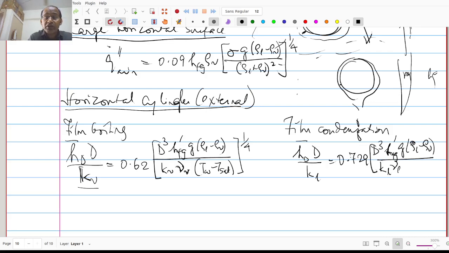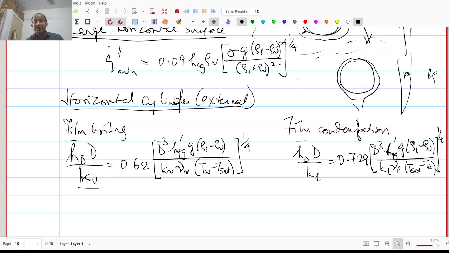So instead of V, it's L here, and multiplied by (T_sat minus T_wall), because T_wall is lower than T_sat, so T_sat minus T_wall is positive, the whole thing raised to the power of 1 by 4.